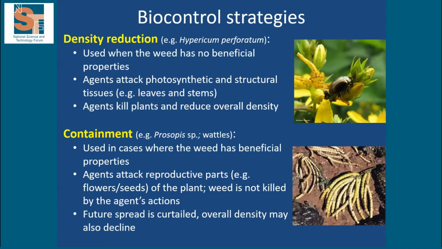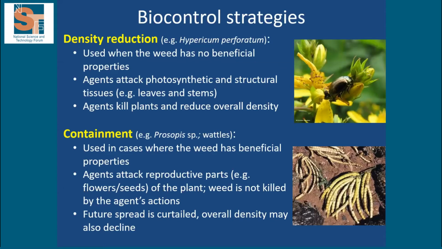This sort of strategy is used when the weed has no beneficial properties. When I speak about agents, by the way, I'm referring to either insects, pathogens, or mites, which have all been utilized for biocontrol globally and within South Africa. The agents that we use in a density reduction strategy would often attack the photosynthetic and structural tissues of a plant.